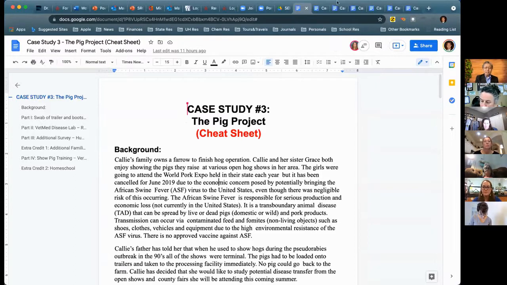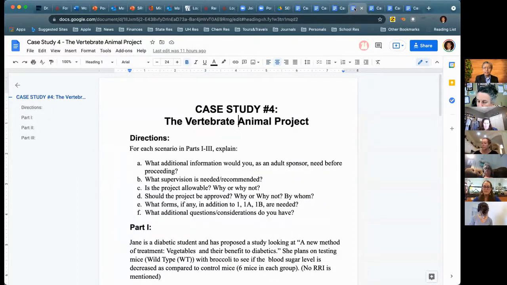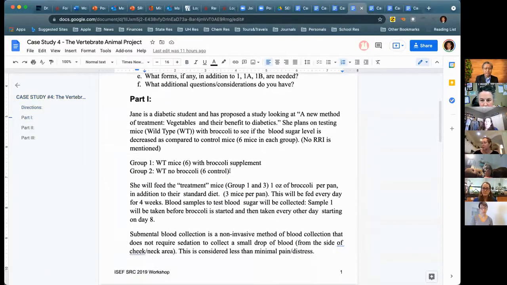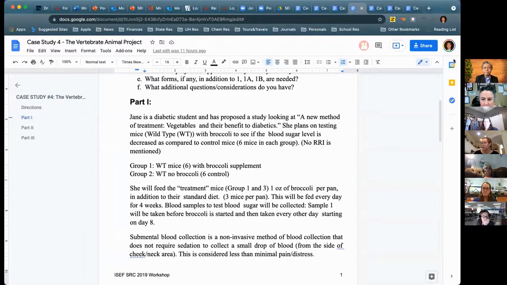Okay, so I'll call on the last group. Their project is a Vertebrate Animal Project. Anyone who would like to unmute and discuss what the results of your discussion are? Well, I will. This student is testing the blood of some mice after altering their diet by introducing broccoli to one group, but not the control group.